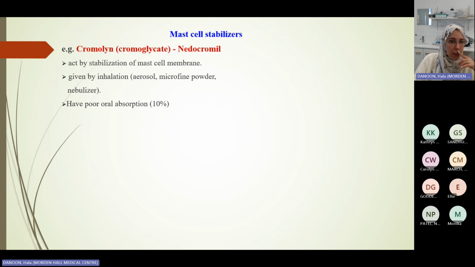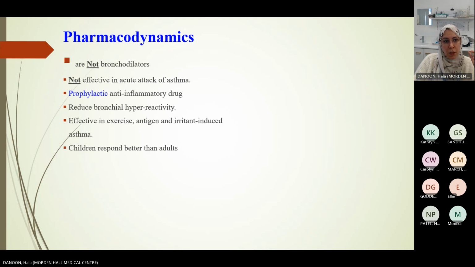Mast cell stabilizers, this is a bit old school, like nedocromil. It acts by stabilization of the mast cell membrane, and that has an anti-inflammatory effect. It can be given by inhalation, whether aerosol, microfine powder, or nebulizers, but has very poor oral absorption. They're not bronchodilators.